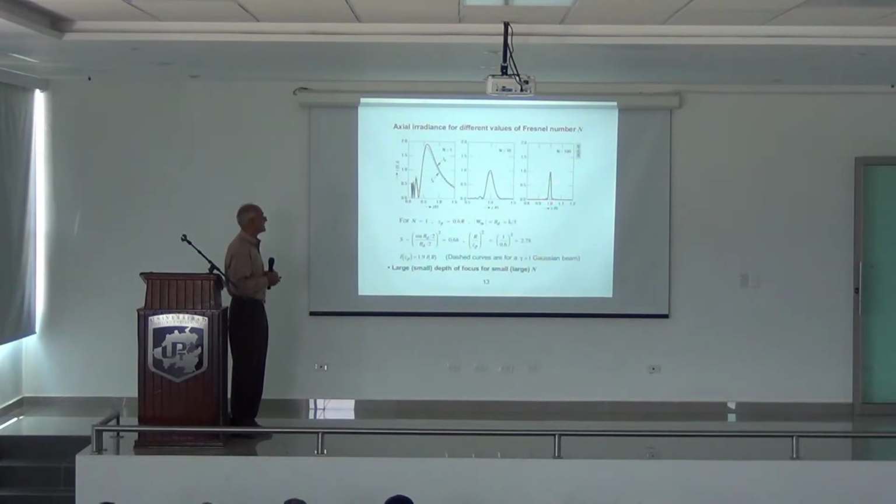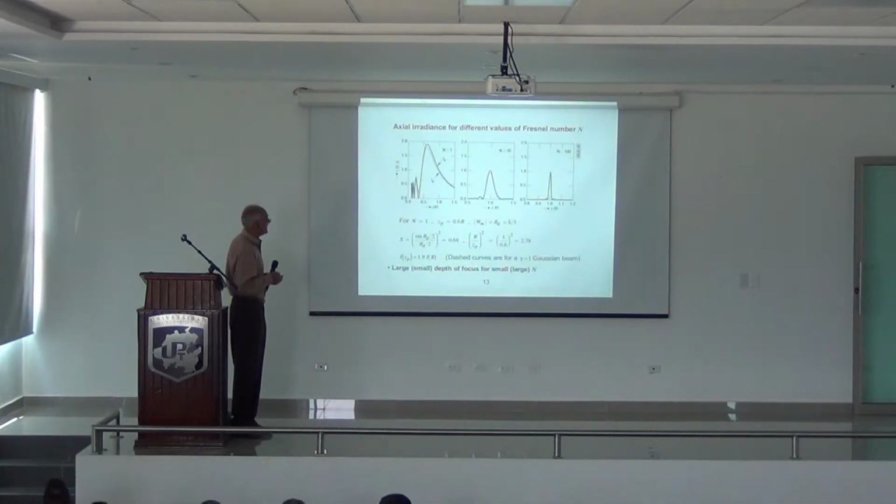It is symmetric about z equal to r, meaning symmetric about the focal point. But notice, it is very narrow. As soon as you go away from z equal to r, it goes down quickly and reduces to very small values. For N equal to 10, something similar, but now the curve has extended.